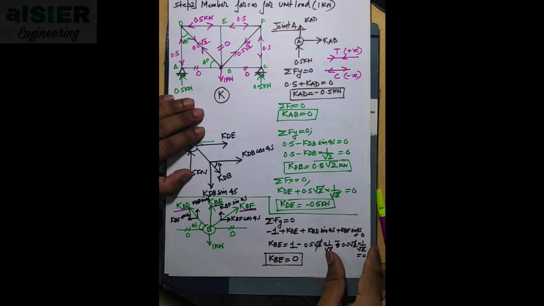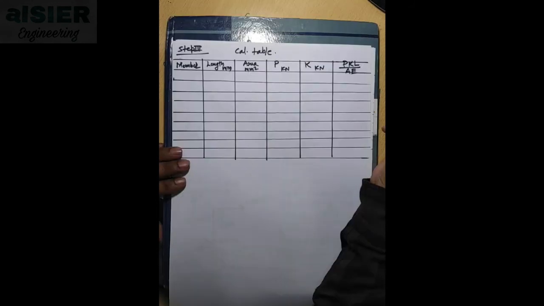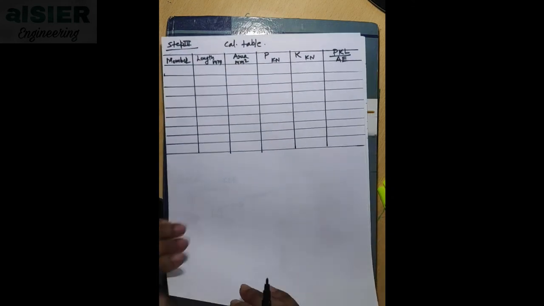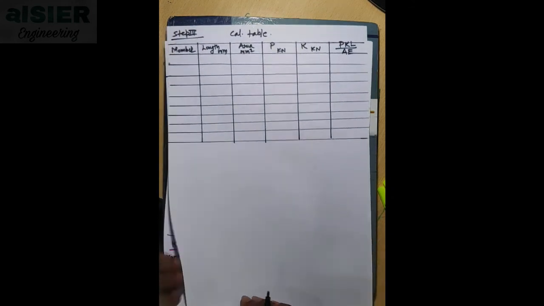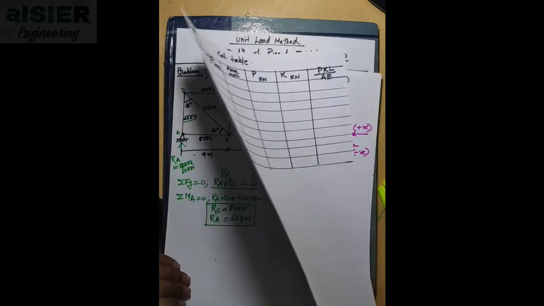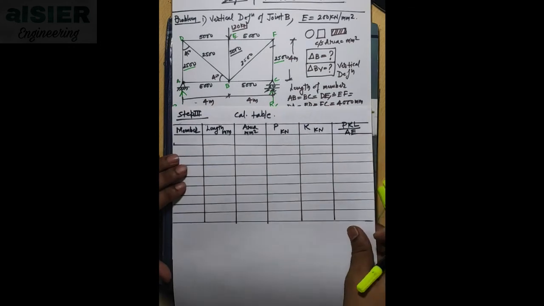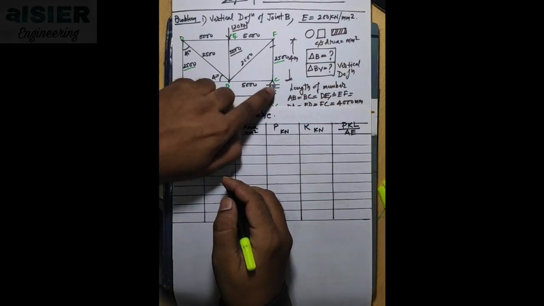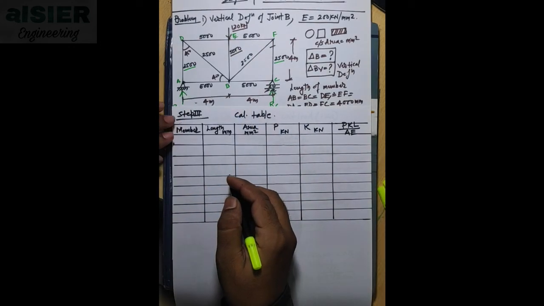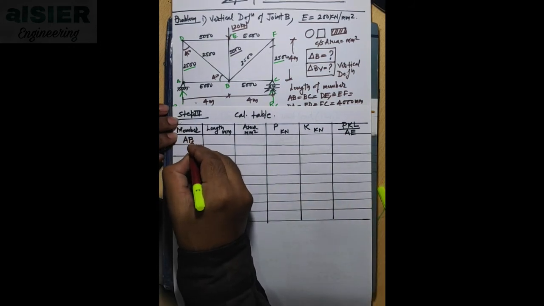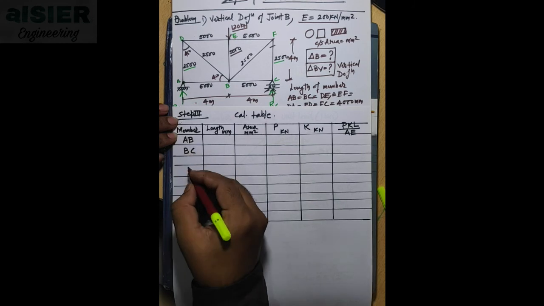So now the next step is to draw a table. We will write down members. How to write down these members? We will first write down all horizontal members. So AB, BC, DE and EF are horizontal members.